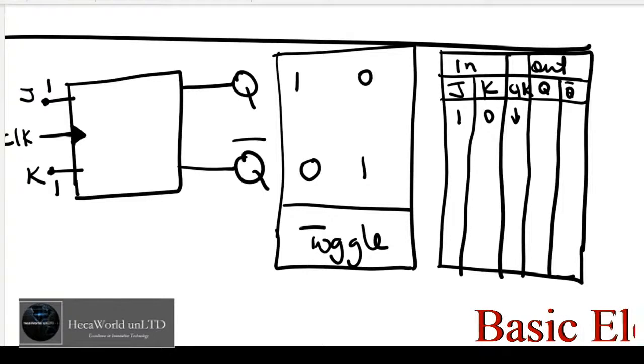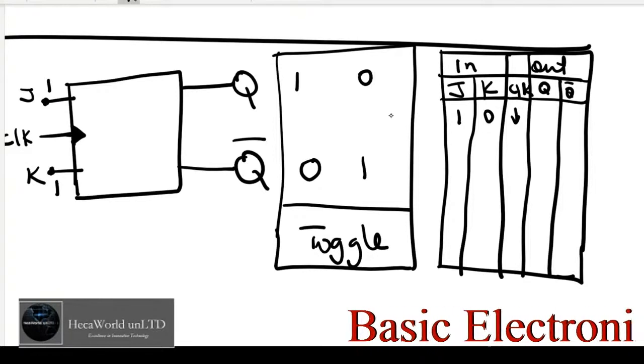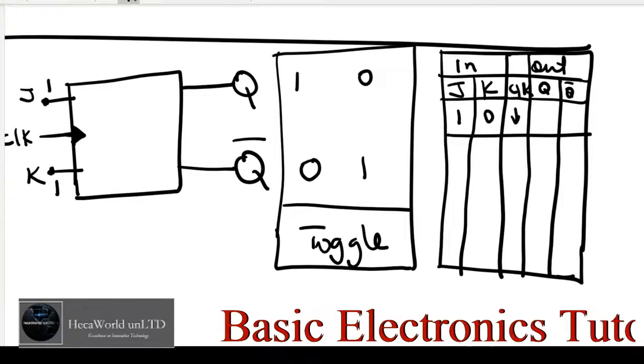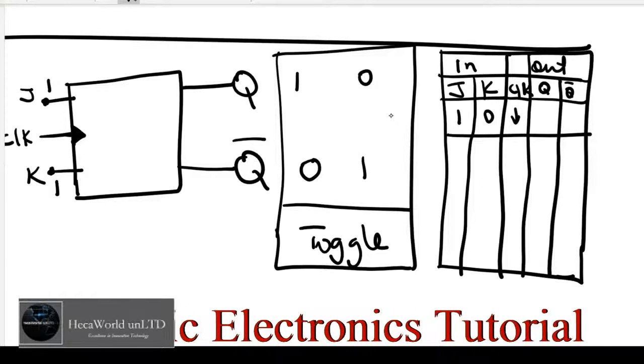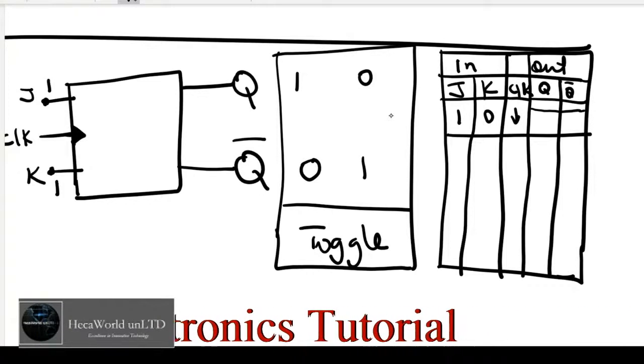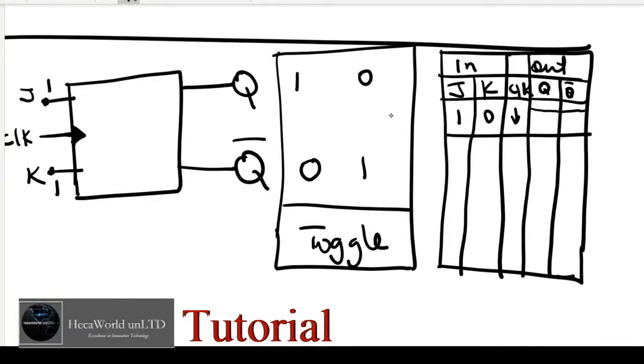Let's say previously Q was 0 and not Q is 1. So this could be a state. When I send a clock, it will flip my Q to 1 and it stays 1 all the time. It doesn't matter whatever clock I put, it stays that way, right?